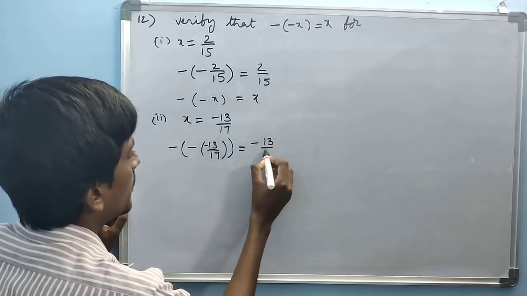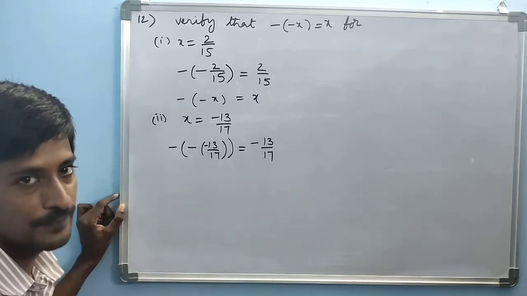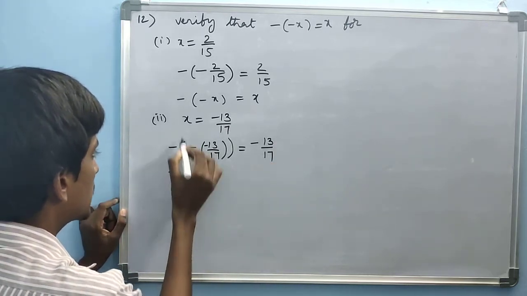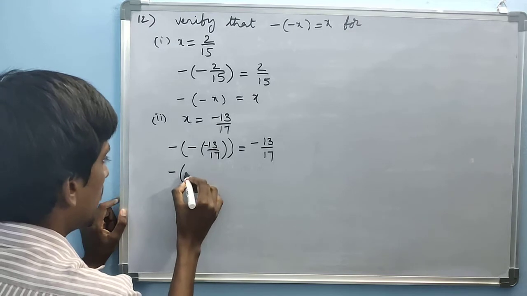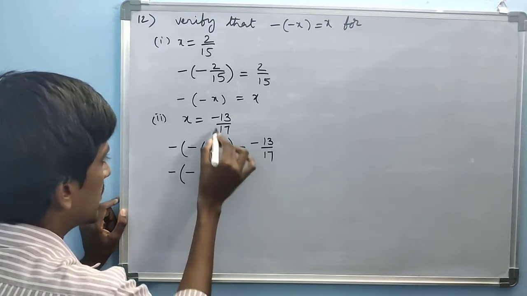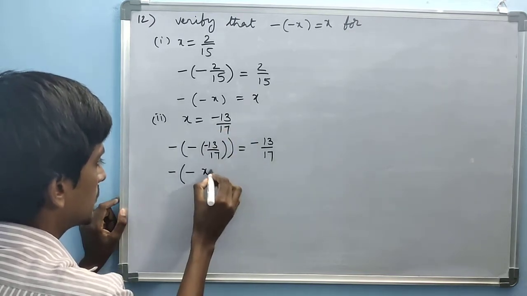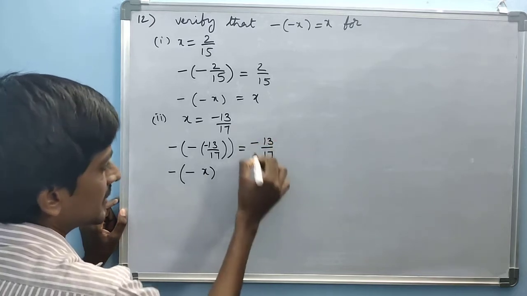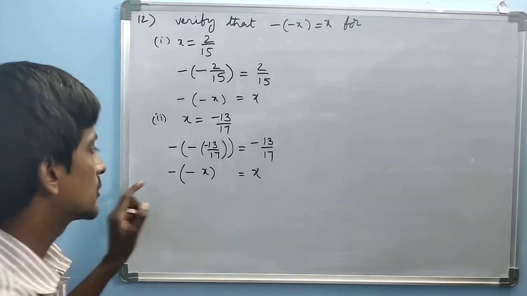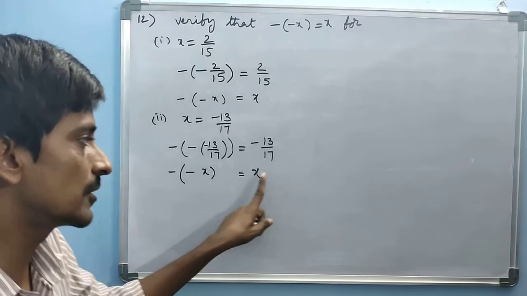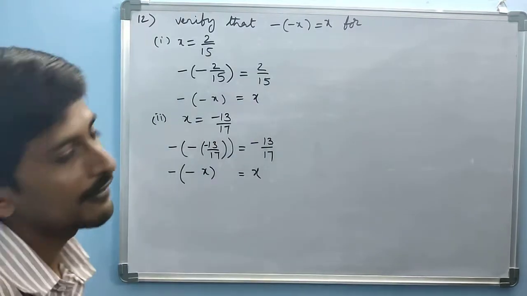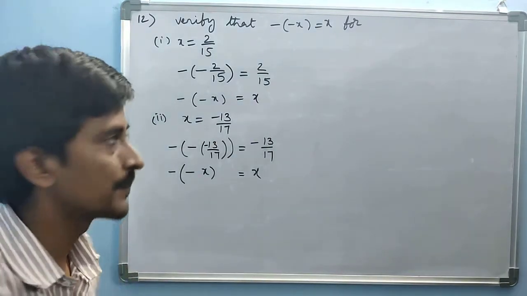Minus 13 by 17 equals x. So, minus of minus x equals x. This is the verification. Okay.